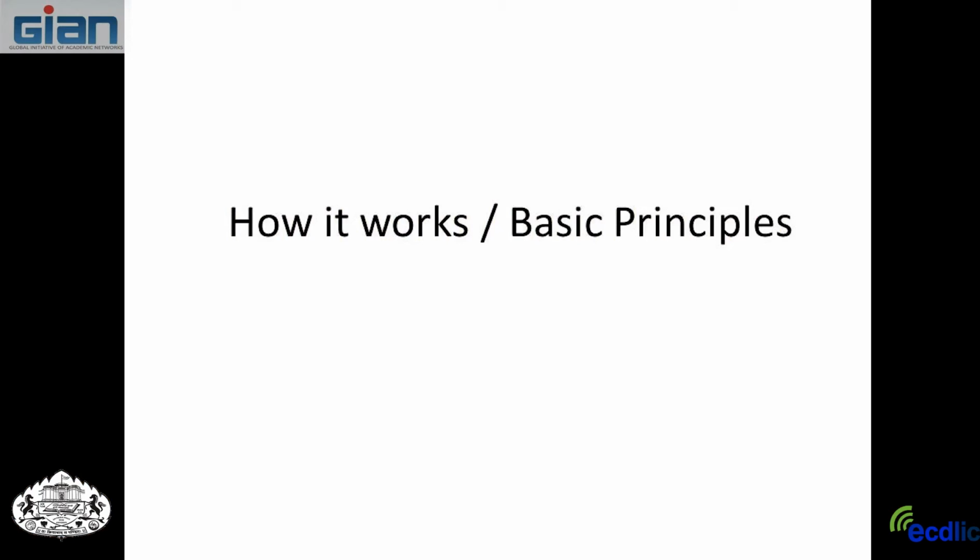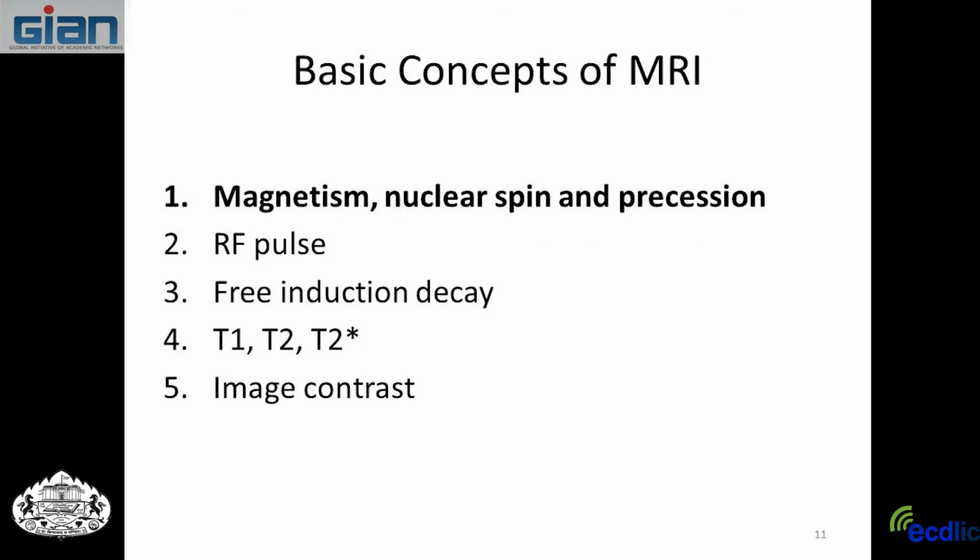So now we're going to go into a little bit about how MRI works and the basic principles of it. I try to divide this down into some different points so we can tease apart these and understand this step by step. We're first going to talk about magnetism, nuclear spins, and precession, which is the background of how and why magnetic resonance works.